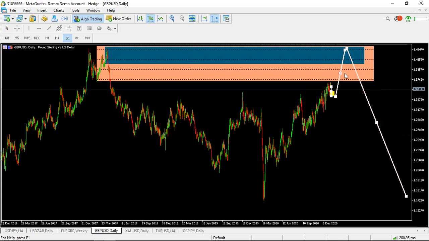But since this is a huge area of supply, the market may drop here and then increase before it drops.